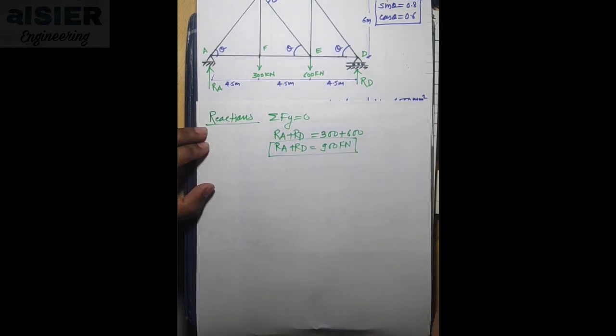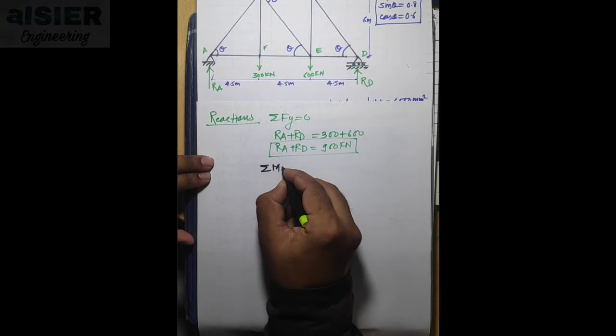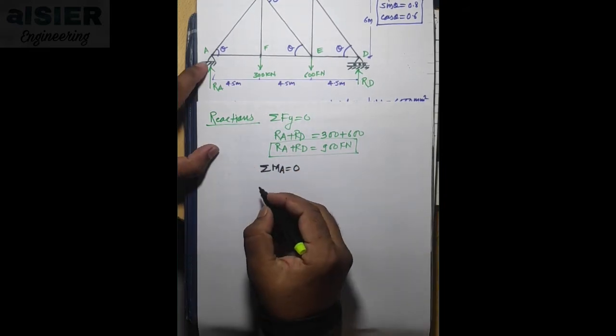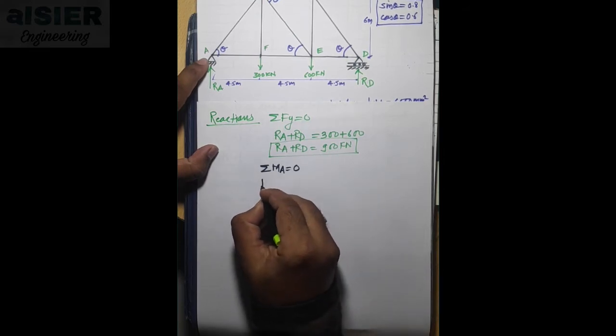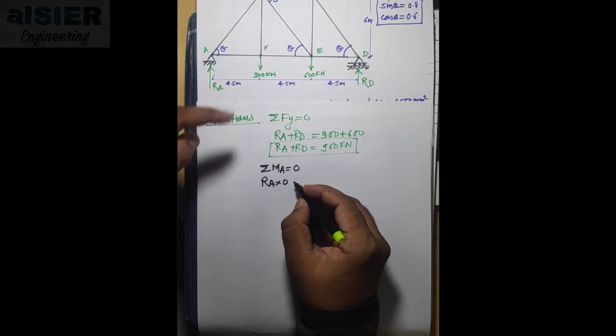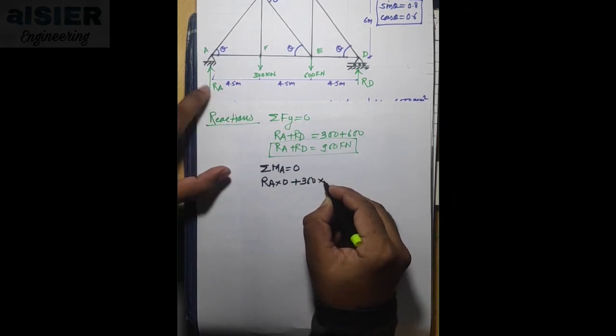Now next we will do summation of moment at A equal to 0. RA is passing through point A, therefore RA into 0. Then this 300 is going clockwise, so plus 300 into distance 4.5.